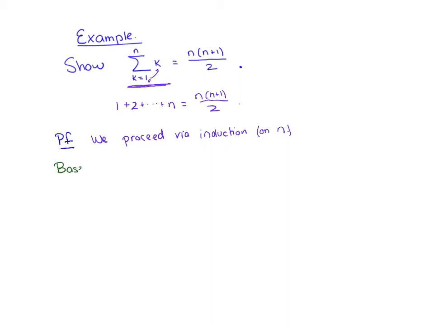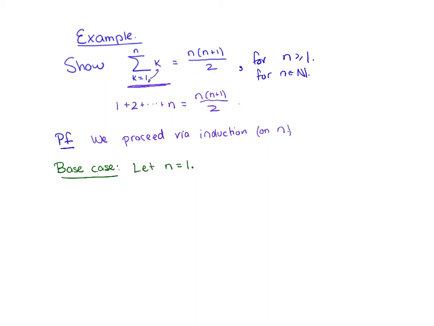I always like to actually write that out. The base case is the starting point. So here I want to show this for n greater than or equal to 1. It's sort of implied there that n is a natural number, so I could have also said for n in the natural numbers. So the starting point for my n is n equals 1. So I can say let n equals 1.